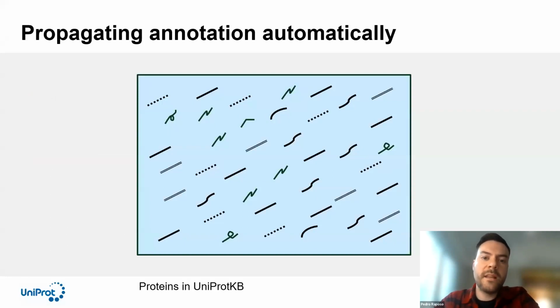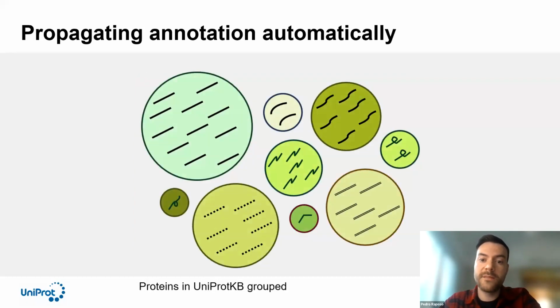We can start by thinking of UniProt as a space where many proteins exist. This covers a wide variety of types of proteins that come from many different organisms. So firstly, what we are going to do is group these proteins based on similarity.